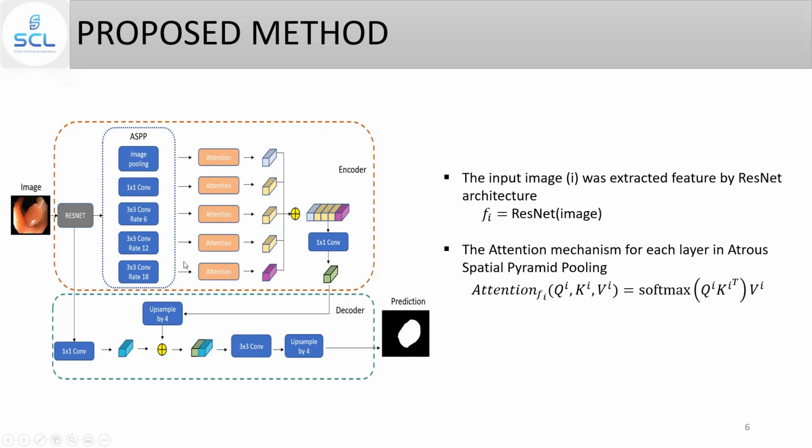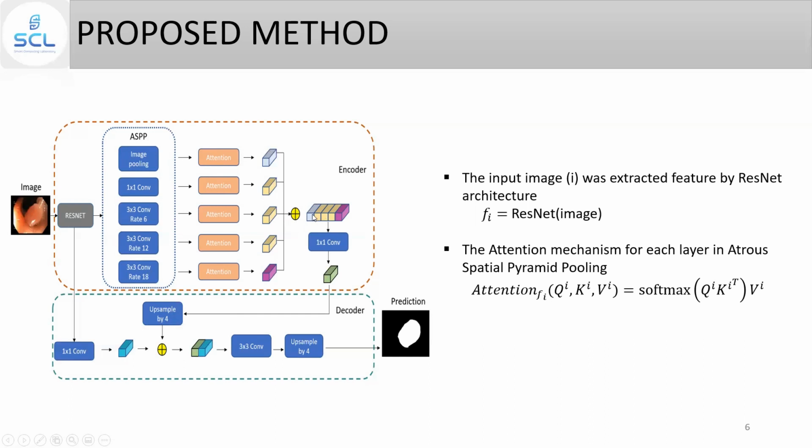In the encoder path, we use a pre-trained ResNet. After that, the features extracted by ResNet are put into the atrous spatial pyramid pooling and go through the attention layer for each layer in the ASPP model.